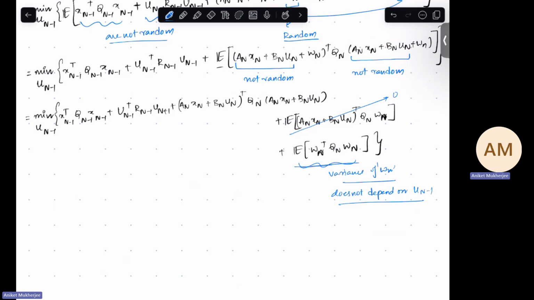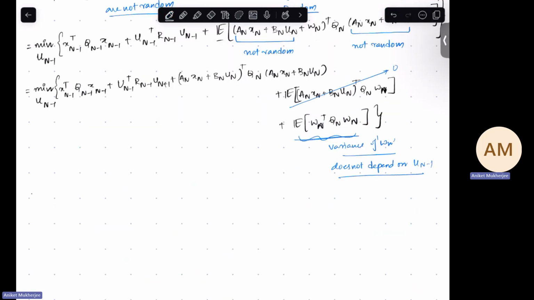Therefore, I can just eliminate this from the minimum, and I can write this as minimum over un minus 1 of xn minus 1 transpose Qn minus 1 xn minus 1 plus un minus 1 transpose Rn minus 1 un minus 1 plus An minus 1 xn minus 1 plus Bn minus 1 un minus 1.